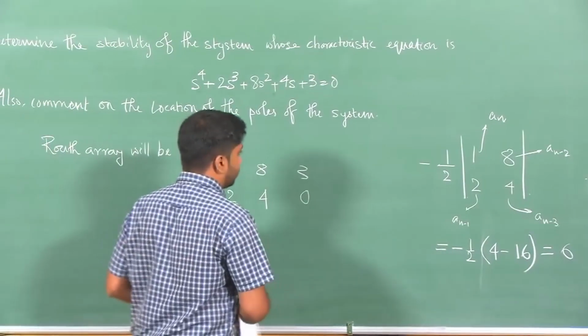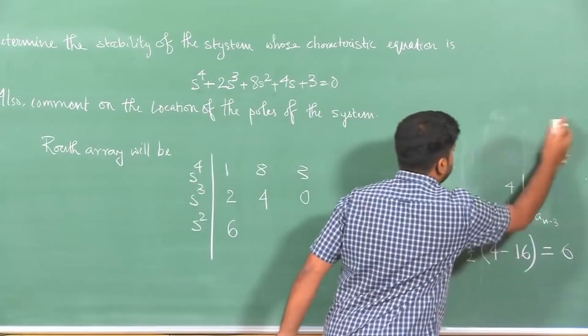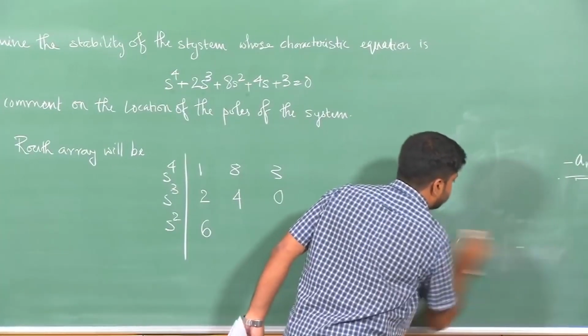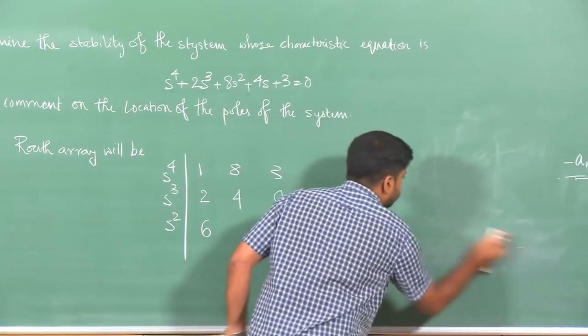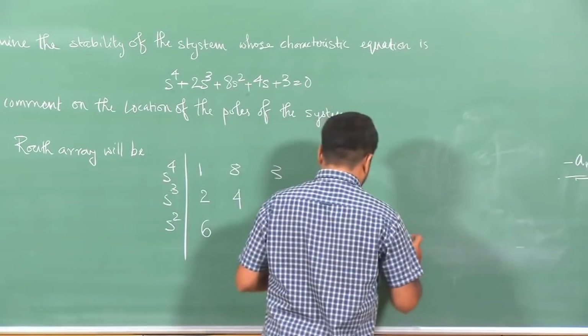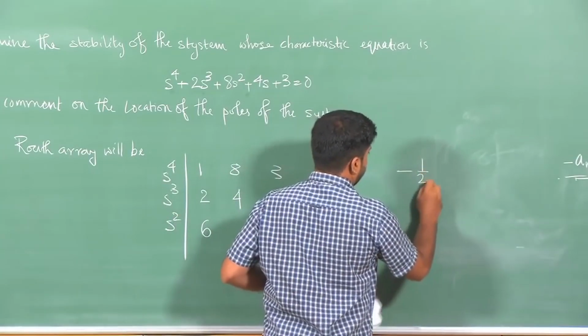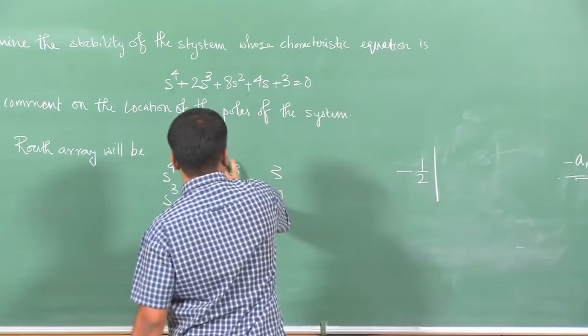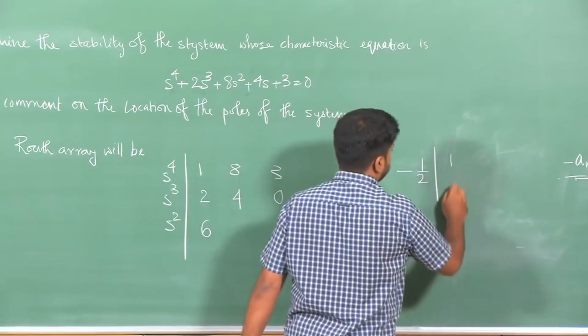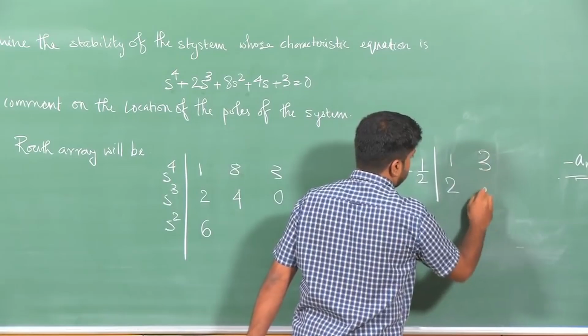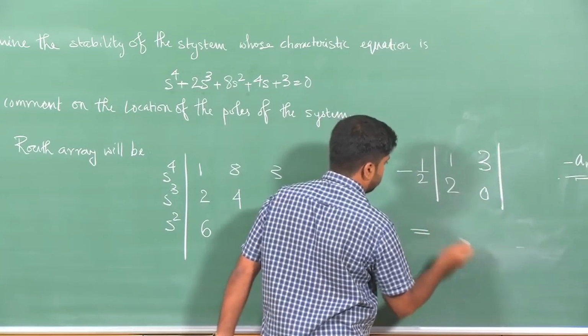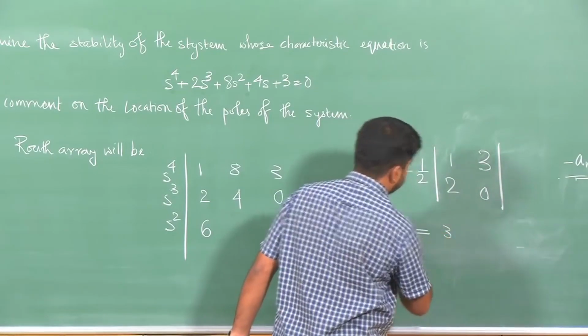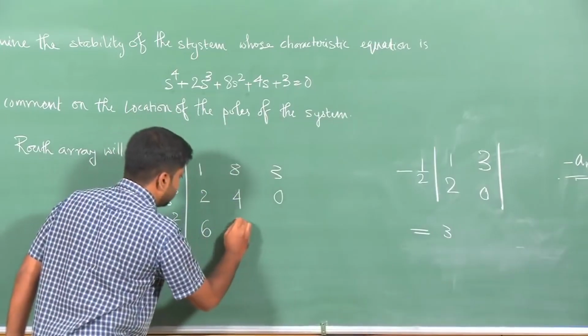So, similarly, if we do with 1, 2 and 3, 0, we will get 3. So, here we get 3.